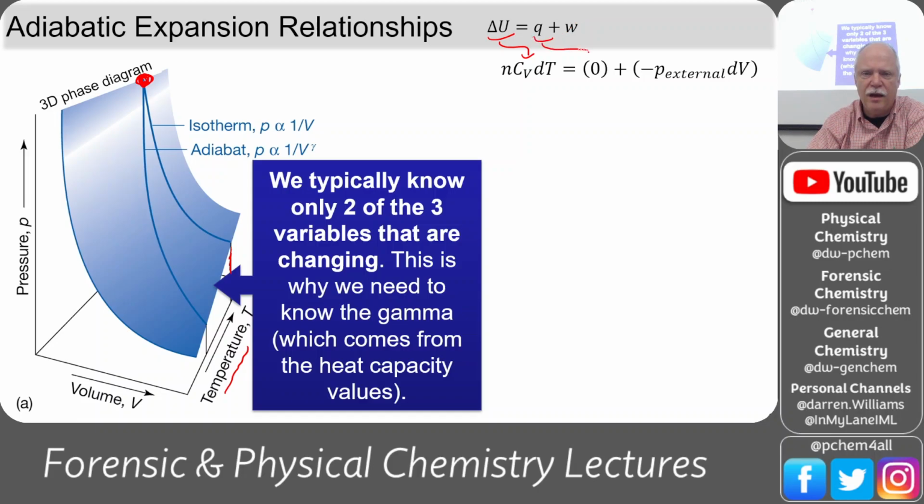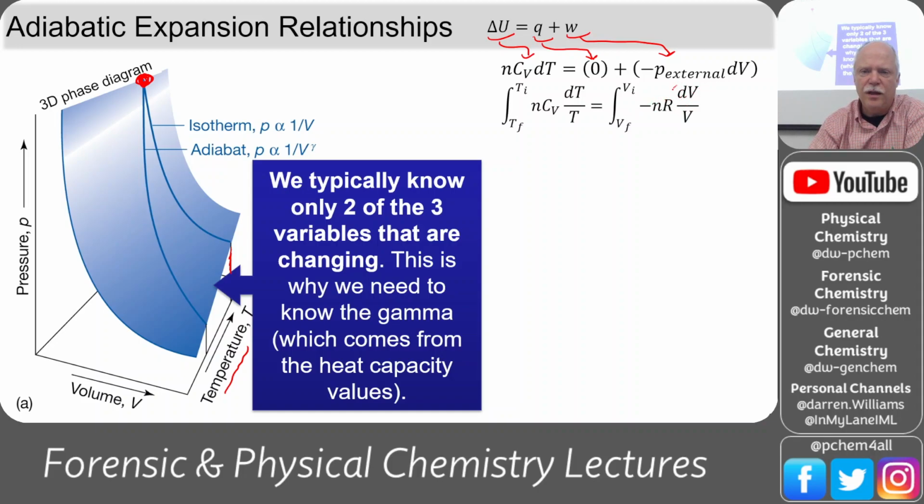This is an adiabatic relationship, so heat is 0, and we're doing an expansion. We can start out with minus P external times the change in volume, but we'll make it a small change in volume and integrate our way down. Let's integrate the left with respect to temperature, and the right with respect to volume.